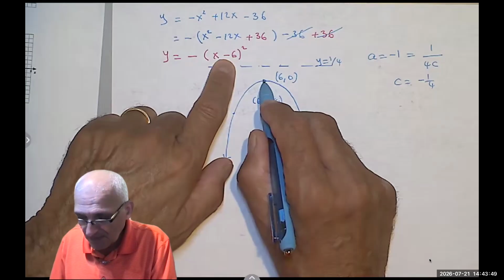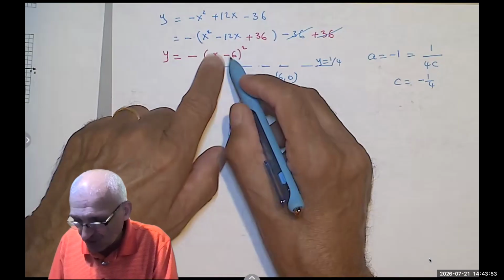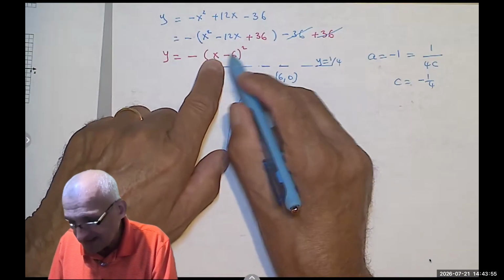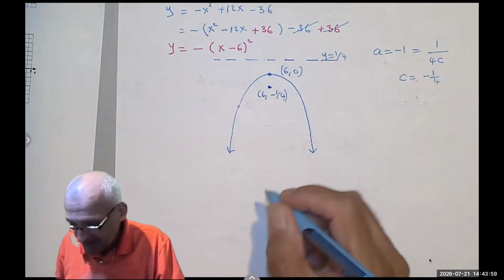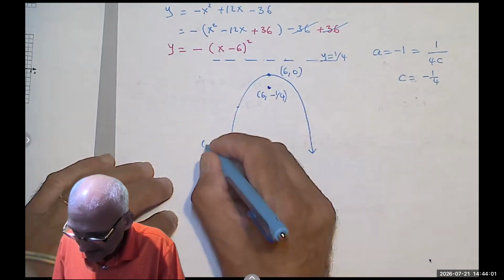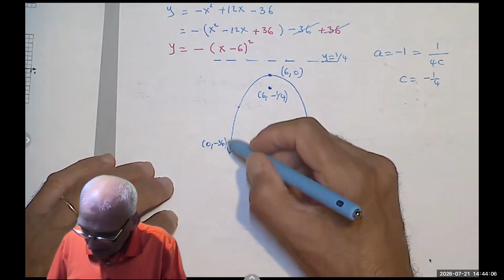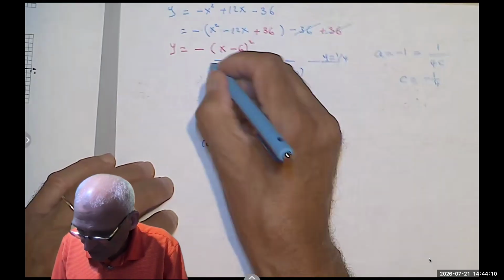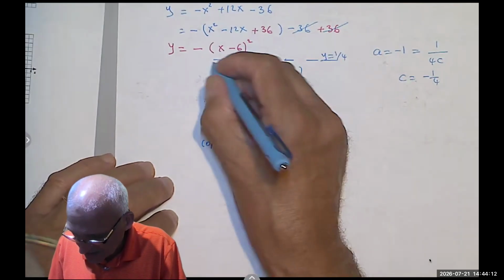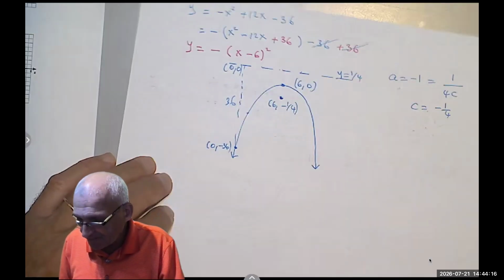You get 0 minus 6 is negative 6, squared is 36, times negative 1 is negative 36. So you have a point here that is (0, -36). Exactly above it will be a point at the origin, (0, 0). So this length is 36.